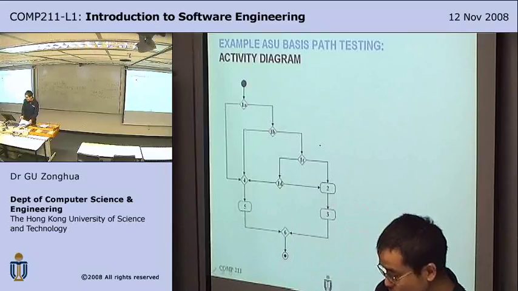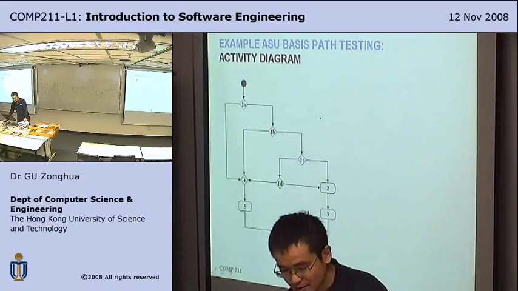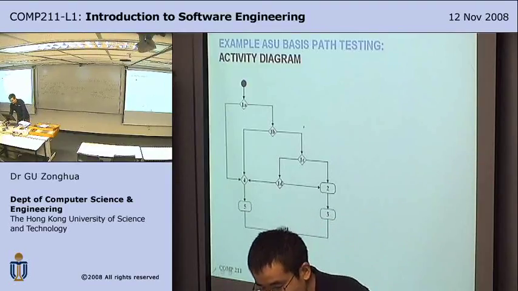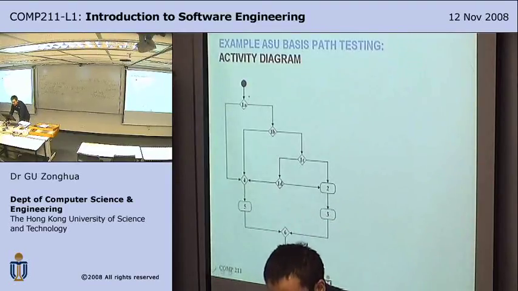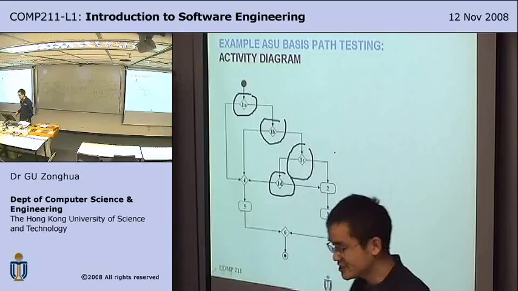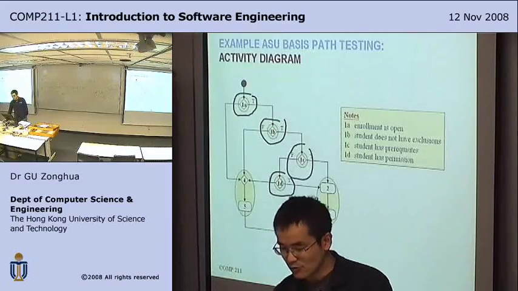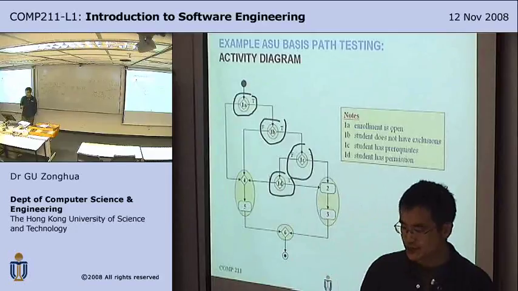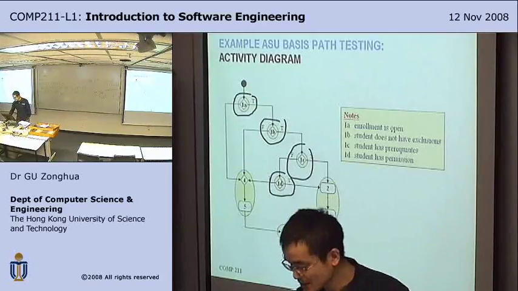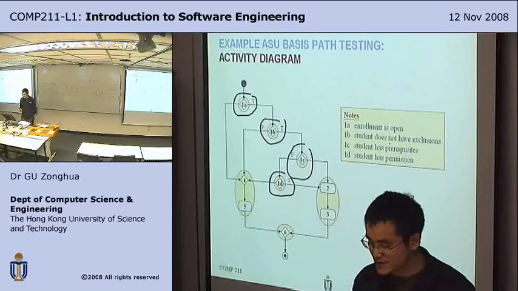If you draw the activity diagram, statement 1 gets turned into 4 condition testing statements: 1A, 1B, 1C, and 1D, because it's a compound condition. 1A is enrollment is open or not. 1B is student has exclusions or not. 1C is student has prerequisites or not, and 1D is student has permission or not.